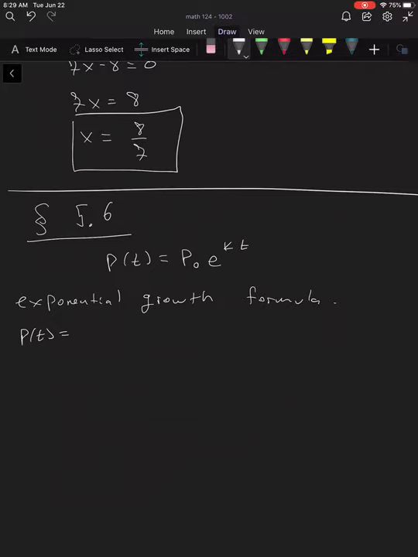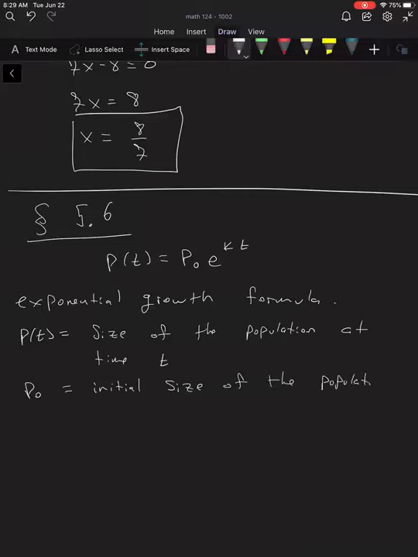So P of t is going to be the size of the population at time t. And then P naught is going to be the initial size of the population. K is called the growth constant. And t is just time.